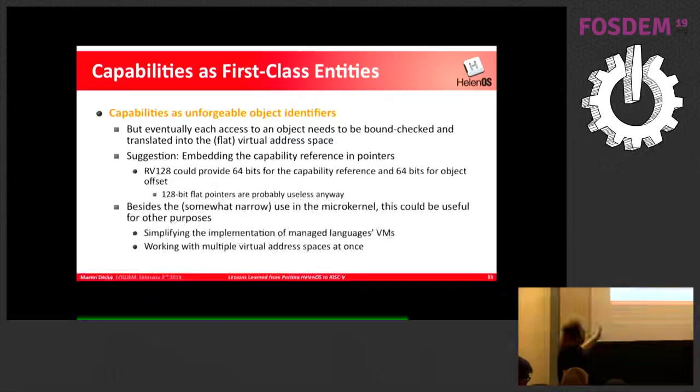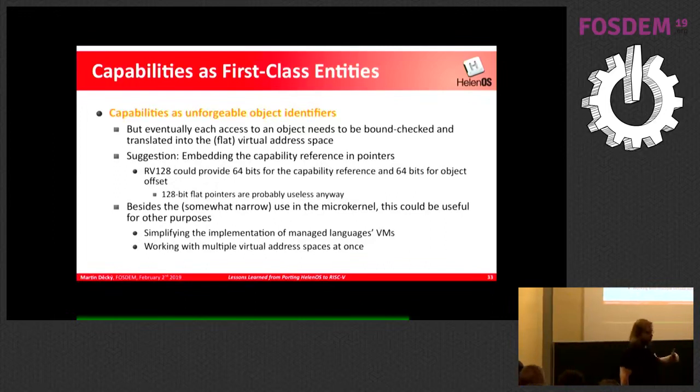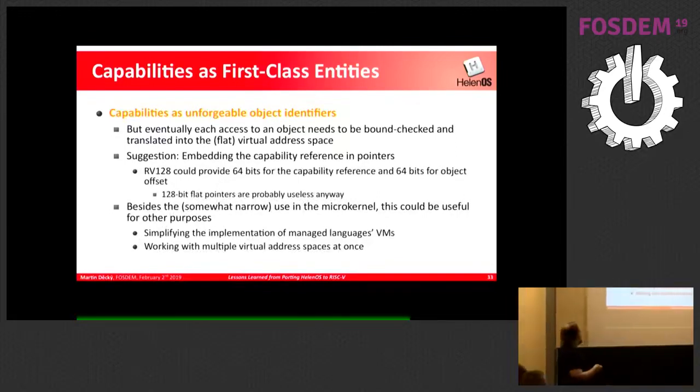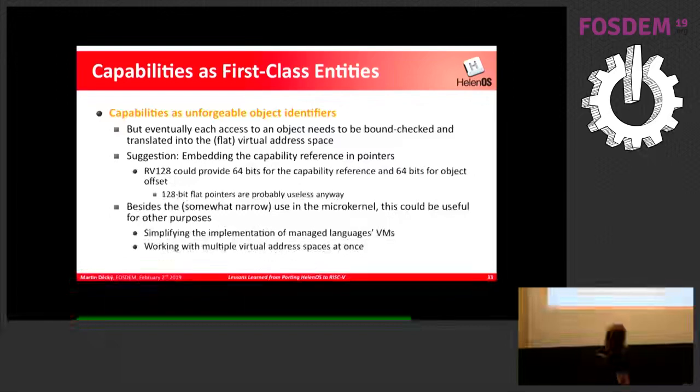Maybe in this particular case this won't help the microkernel so much, because microkernel capabilities are more about resource management than physical bounds checking. But this could also be useful, or maybe even more useful, for some managed language VMs, because they wouldn't have to implement the bounds checking in software, but there would be a hardware mechanism for that.